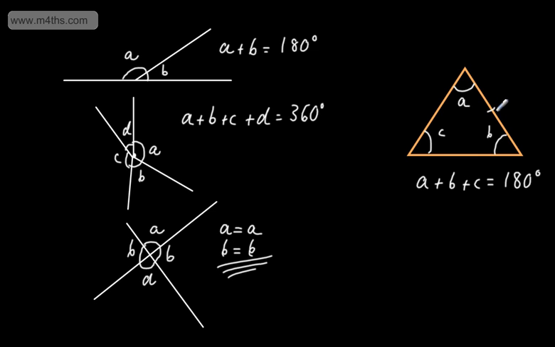If I see some lines here, we can say that this is an isosceles triangle, and we could say that C would be equal to B. If this was an equilateral triangle, we could say that C would be equal to B, which would be equal to A. They would all be 60 degrees. Generally speaking though, the angles in a triangle sum to give 180 degrees.